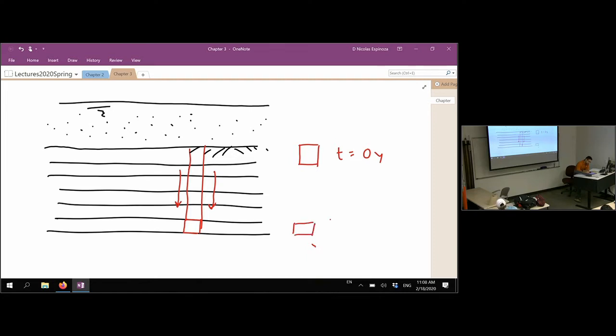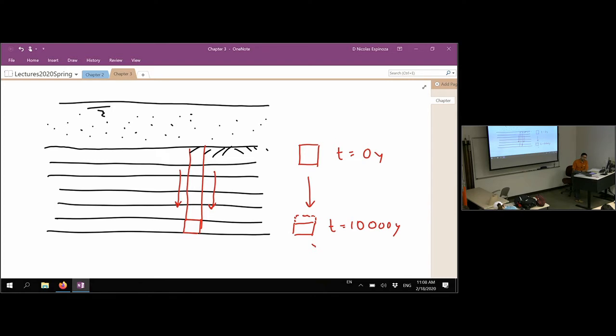at time equal to, let's say, 10,000 years, is going to be here on the bottom, but it's going to have a strain which is just in one direction. It just compacts in vertical direction.